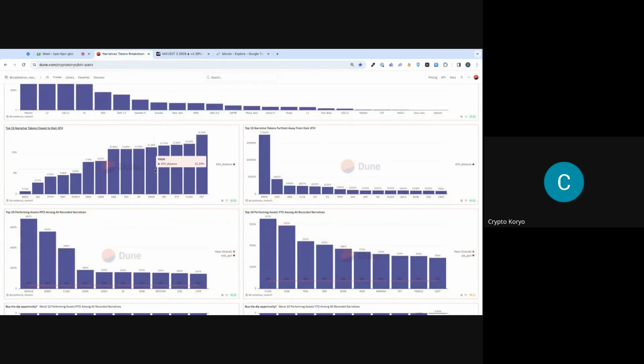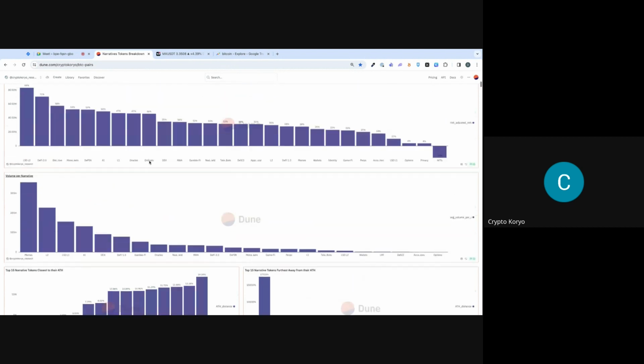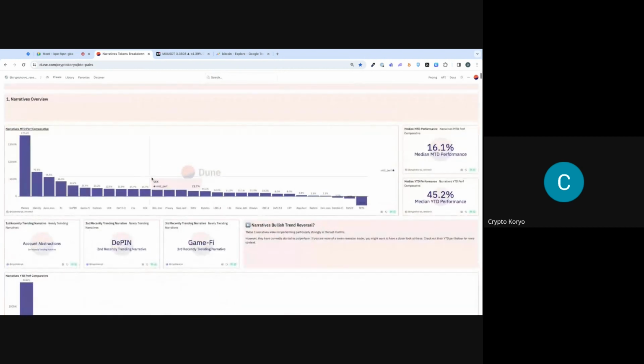For me, as somebody who has observed this for a long time, it's something that happens maybe every 2-3 years, that we see centralized exchanges at their all-time high or among the best performing narratives.